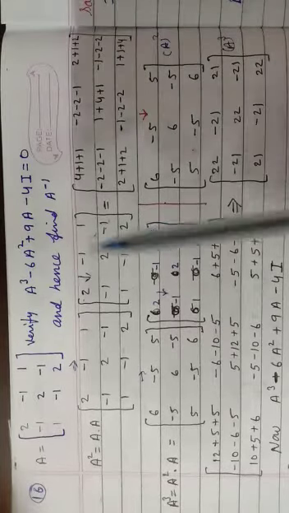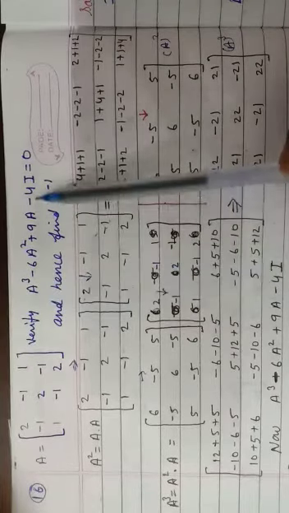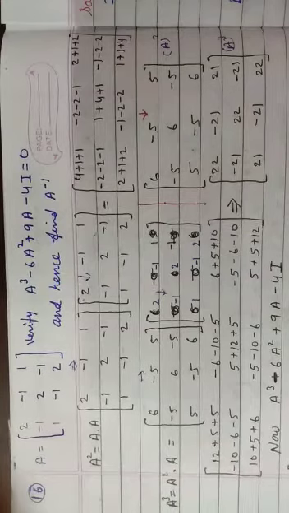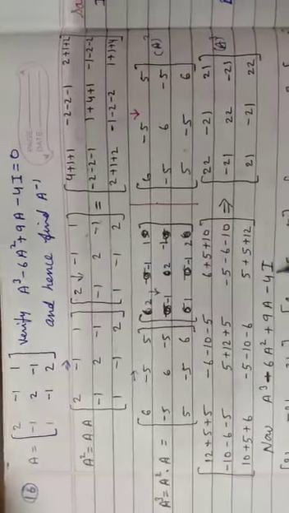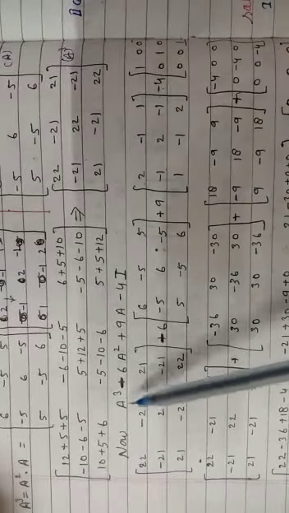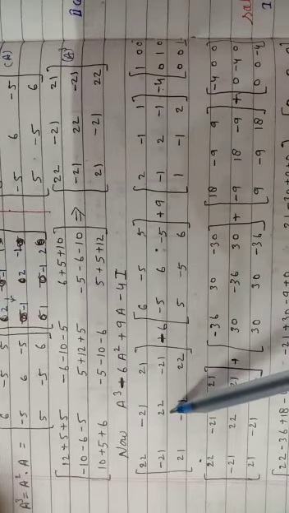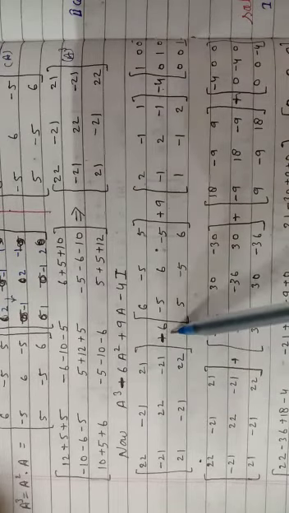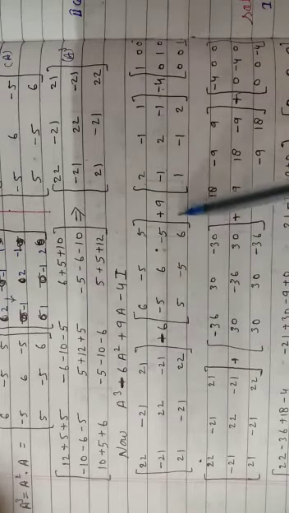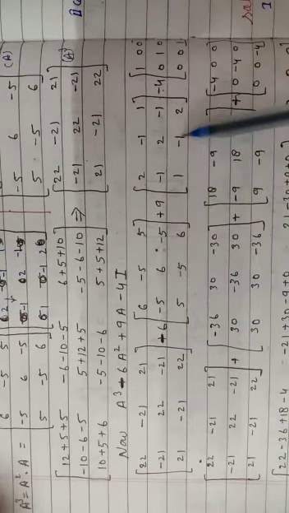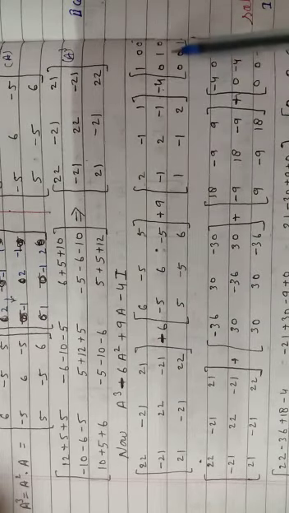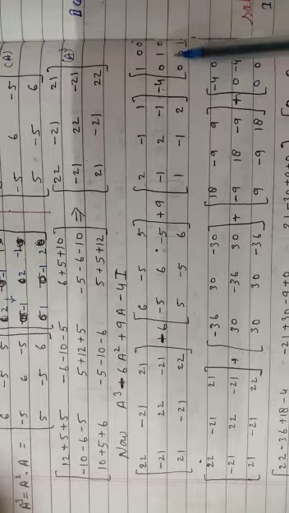Clear? And now again write the equation. A cube minus 6A square plus 9A minus 4I. Okay, when you write it, put whatever value of A cube you found right here, minus 6 times the value of A square, plus 9 times the value of A, minus 4, and then write the identity matrix.